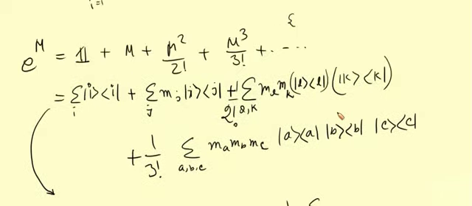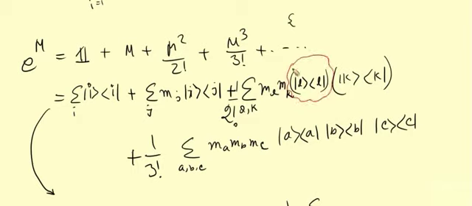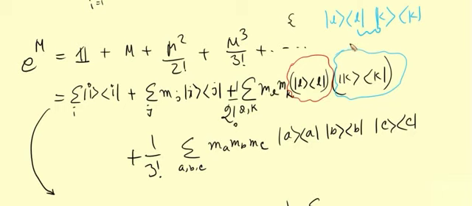You can see that I have this guy and another guy like this, and these are orthonormal bases, and we have something like L with K. And if you remember what bracket algebra told us, that if you have something like this, let's just mark it with another color, this thing can be actually written as L inner product with K, and since they are orthonormal, this is just delta LK, right?